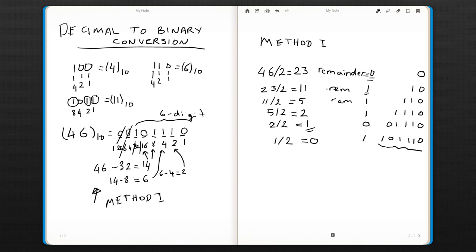Same as the method that we did for the other one. The important part here is to make sure that you do this step. When you reach 1, that doesn't mean that you're done. You need to divide it again to get the 0, so you get your number 101110.